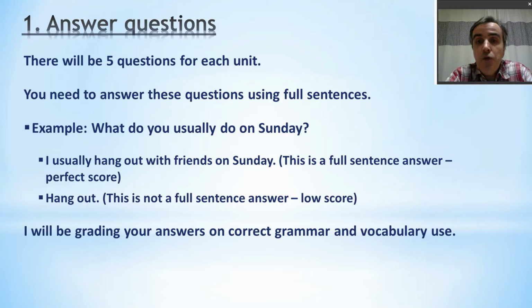This is a full sentence answer. It's a perfect score. So that's what I mean. Now, if you just answer this, hang out, no, that's not good enough because you've not given me a full sentence. So when you don't give me a full sentence, I've got to give you a low score for those answers.